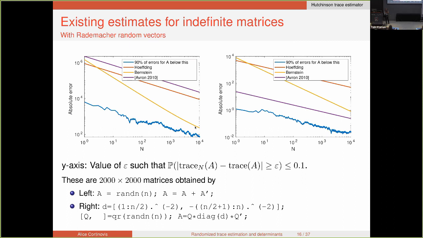So if I go on and increase capital N a lot, then this yellow line will be asymptotically like the other 3 lines. But this doesn't look good because this matrix was 2000 by 2000, so it doesn't make any sense to consider more than 2000 samples, because with 2000 samples I could compute exactly each entry of the diagonal of the matrix and then obtain the trace exactly.